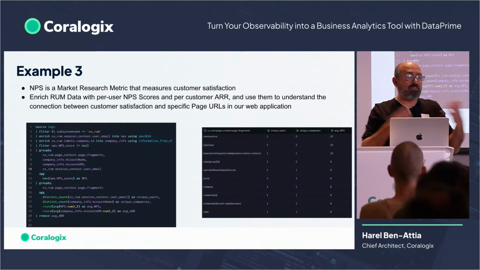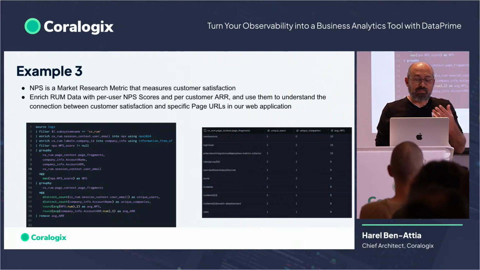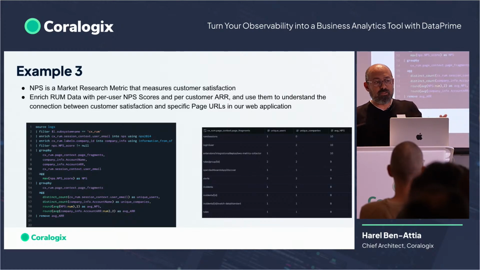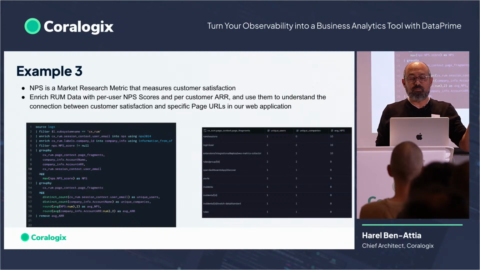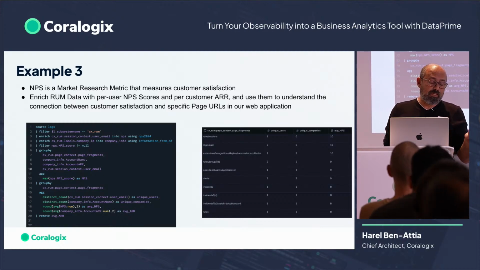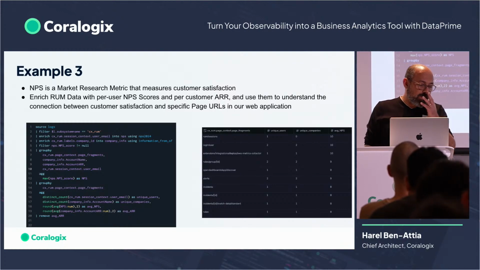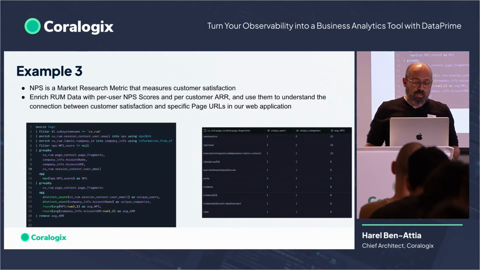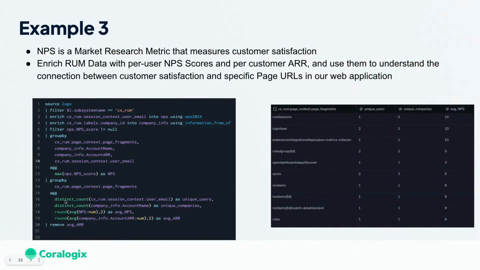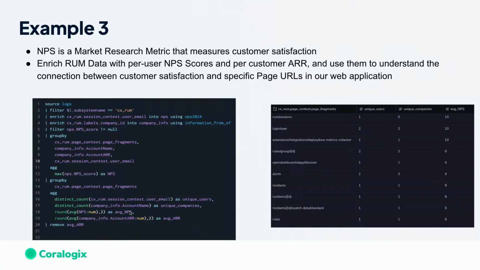This will change if the pages in the app change over time, yeah, because it's dynamically provided from a real user monitoring solution. And this might be an amazing tool for product managers to tell them these 2 pages need to probably be optimized because the experience of people who were actually focusing on this area of the product were dissatisfied for some reason, etc. I won't go into the entire example, of course, there's no time, but you can look at the aggregation analytics function that we are using, distinct count for the unique users and the unique companies, and the average NPS and the average ARR.